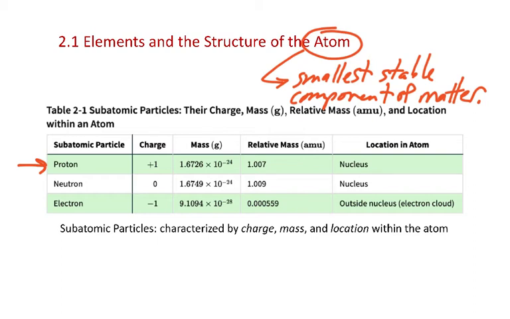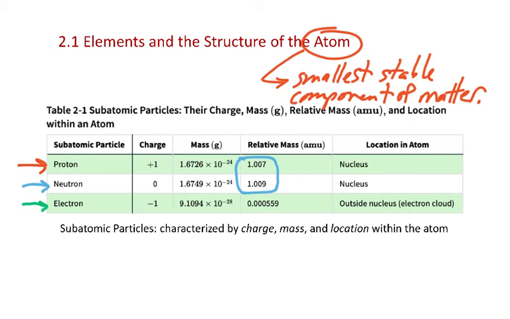Neutrons, next, also in the nucleus, but they have no charge. They are neutral, approximately the same mass as a proton. As far as we will treat them, these are the same. And the third subatomic particle is the electron, which is negatively charged, the charge of -1.